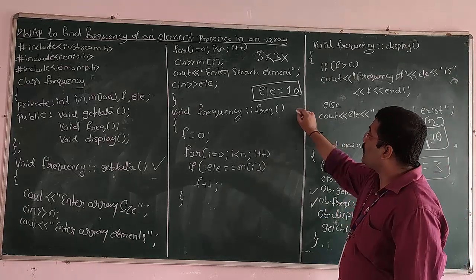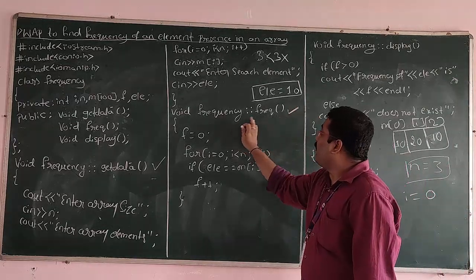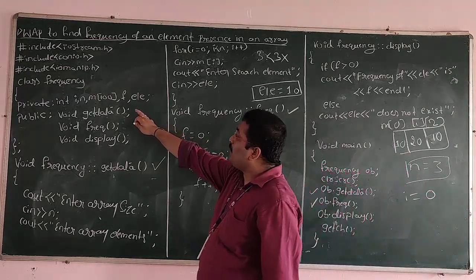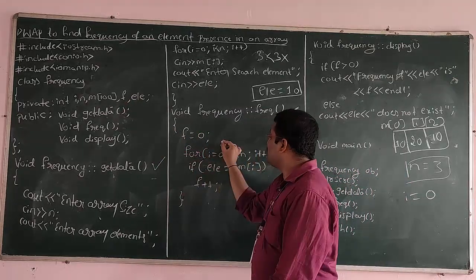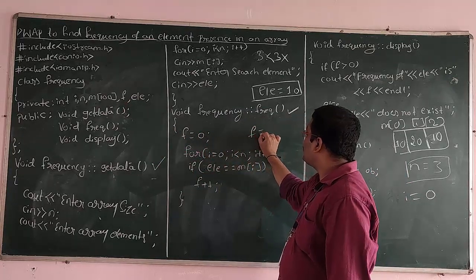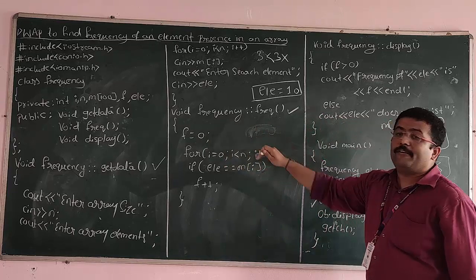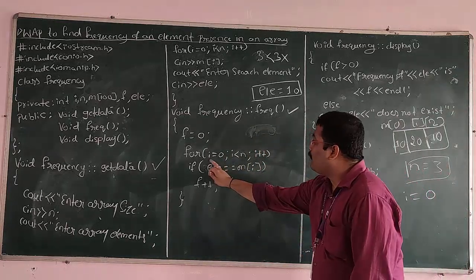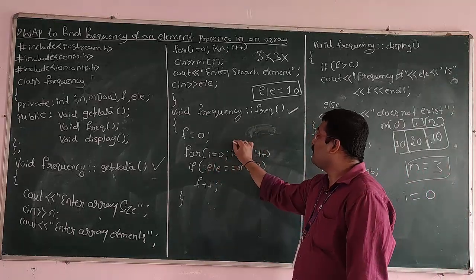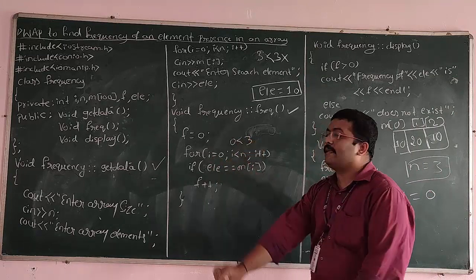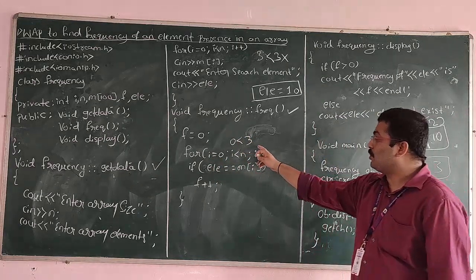Next the control comes here, to ob.fit. I am taking the variable f and initializing it to 0, so f equals 0. Next, for i equals 0, is 0 less than 3? Yes, the condition is true.